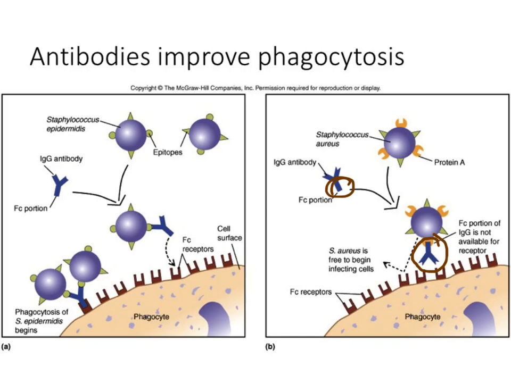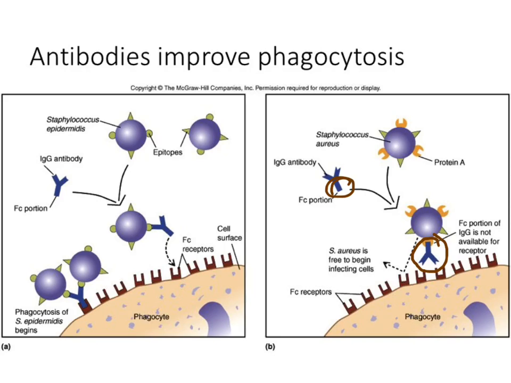And what does that do? Or what does that prevent? Binding to the Fc region prevents this antibody from binding to what? To the host cell. So in fact, what Staph aureus can do is sop up these antibodies, basically flip them around, so that it might allow for aggregation of staph if this is attaching to more.